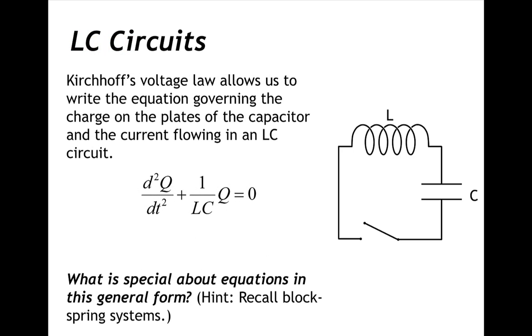To answer this question, we'll need to rely on Kirchhoff's voltage law to allow us to write an equation that governs the charge on the plates of the capacitor and ultimately the current flowing in an LC circuit. Let's go ahead and draw our circuit.